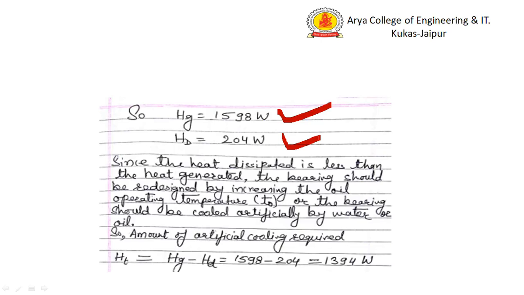So let us take the second solution, cooling the bearing artificially. So this is the amount of cooling required, Hg minus HD. Hg is 1598 and HD, heat dissipated, is 204. So the cooling required is 1394 watt.